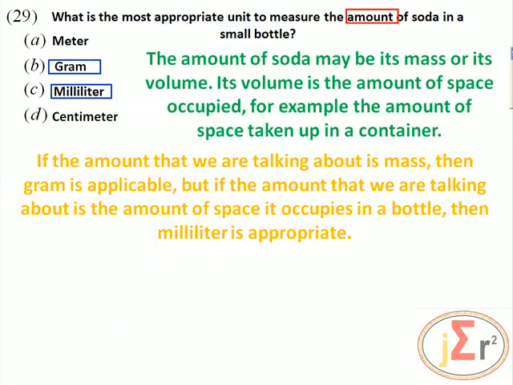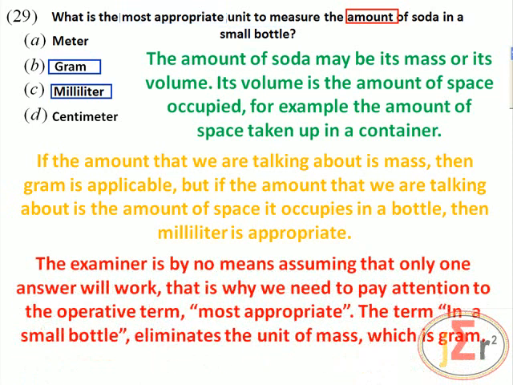So we have most appropriate and we have small bottle. So we are paying attention to those phrases: one, most appropriate, and the other one, small bottle. The examiner is by no means assuming that only one answer will work.